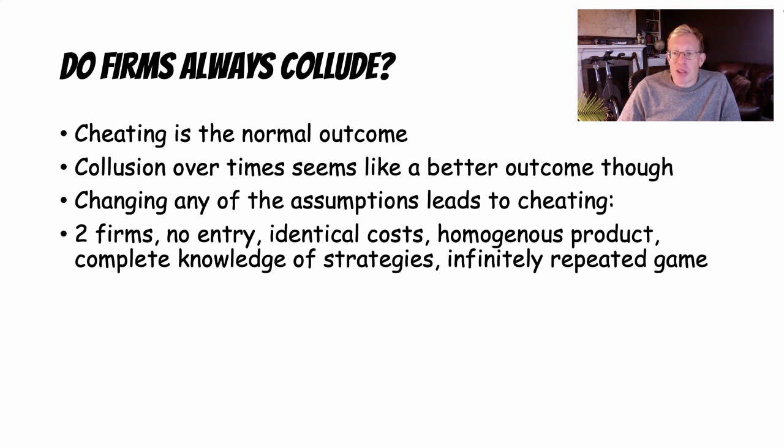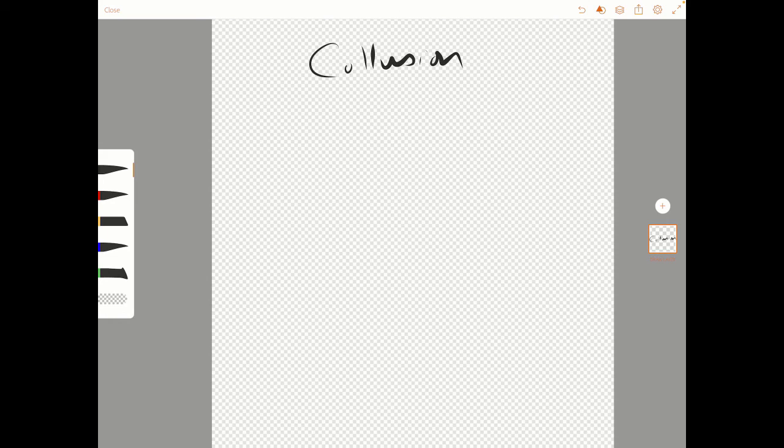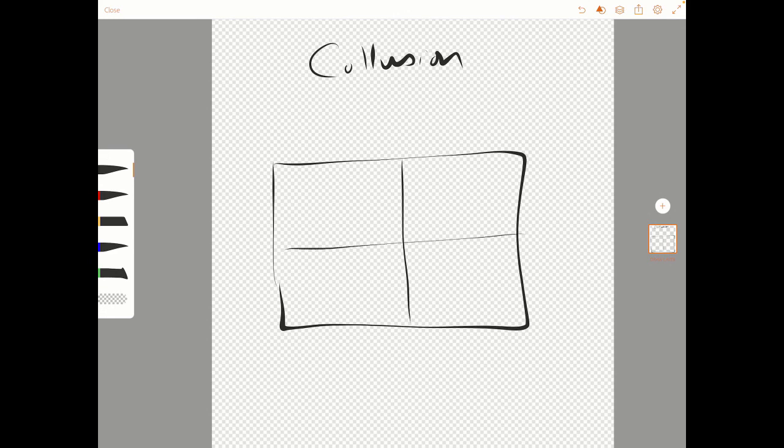Let's take a real quick look at one last game matrix here that deals with collusion. Okay, so let's take a look at this payoff matrix for two firms. And the firms are trying to decide whether it makes sense to collude or not. In other words, should we cheat or should we cooperate with each other?